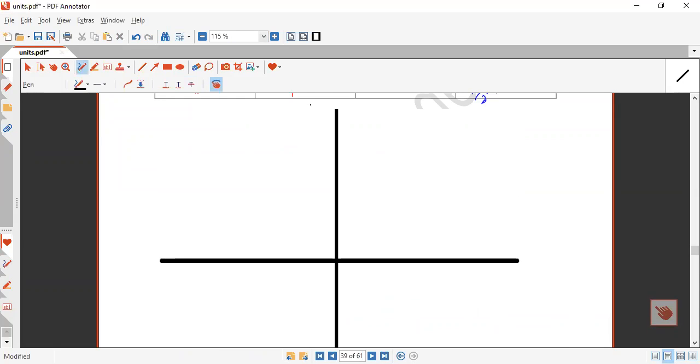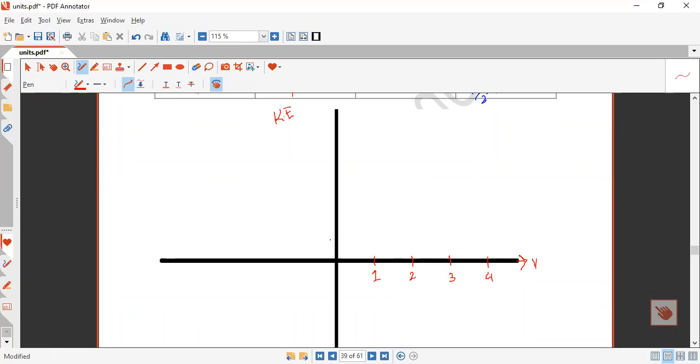Right, so now our kinetic energy is gonna be on the y-axis, and velocity v is gonna be on the x-axis. Right, so let's say this velocity is 1, and then let's say 2, 3, and 4.